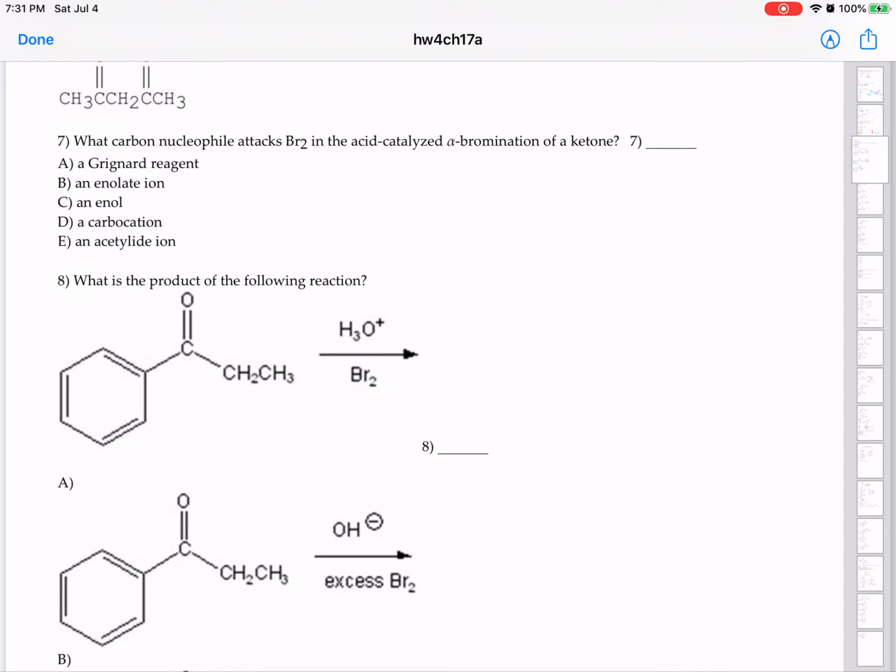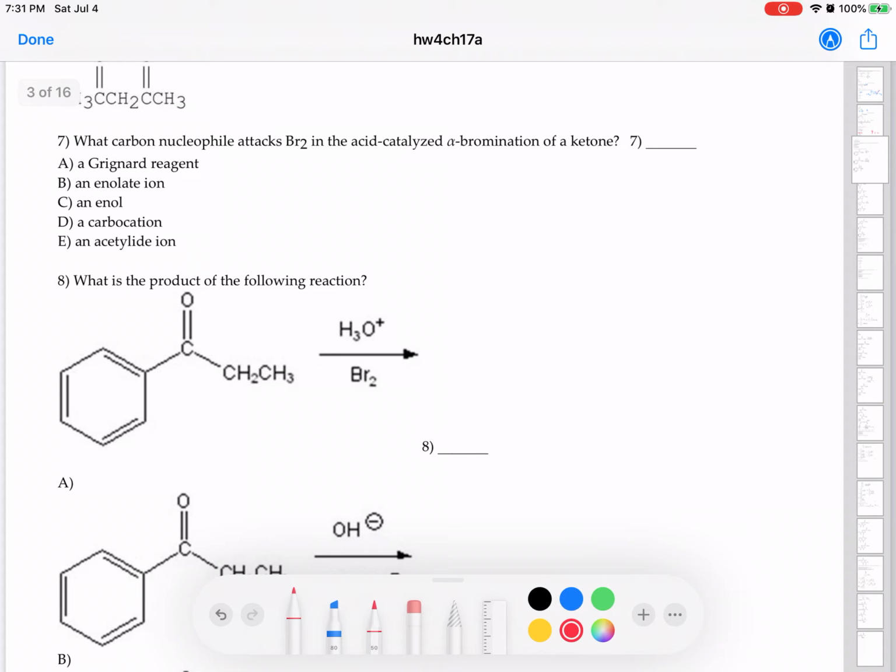I'm going to tell you the slide number, so you can refer to that in your slides. Acid catalyzed halogenation. Yeah, so that is going to be slide number 15. Okay, slide number 15, refer to that. Acid catalyzed alpha bromination of a ketone.